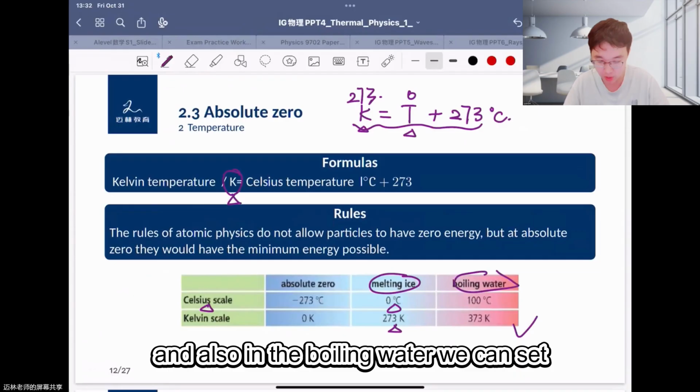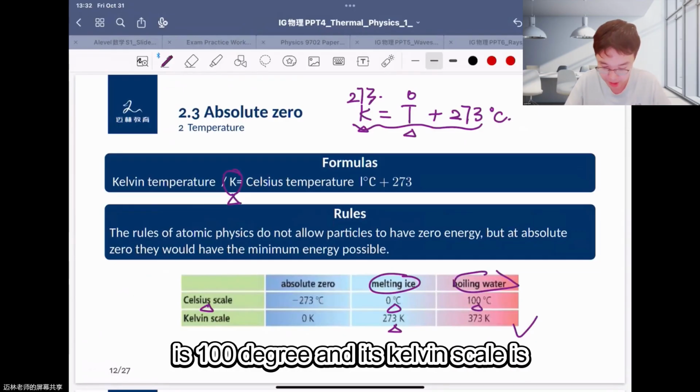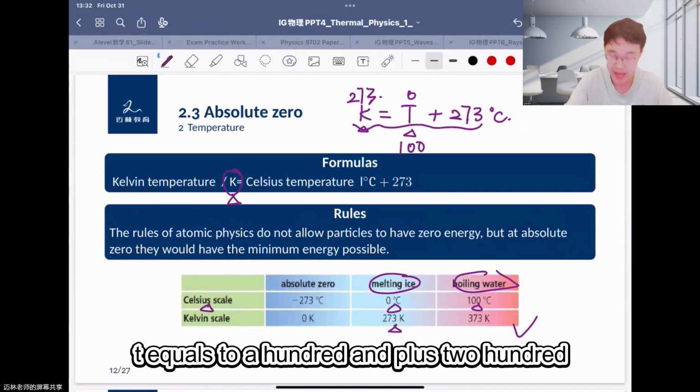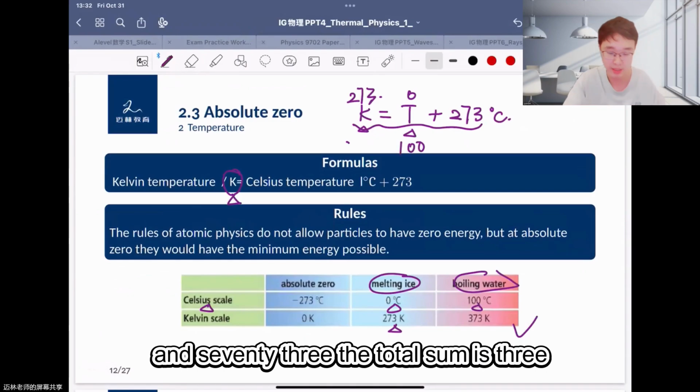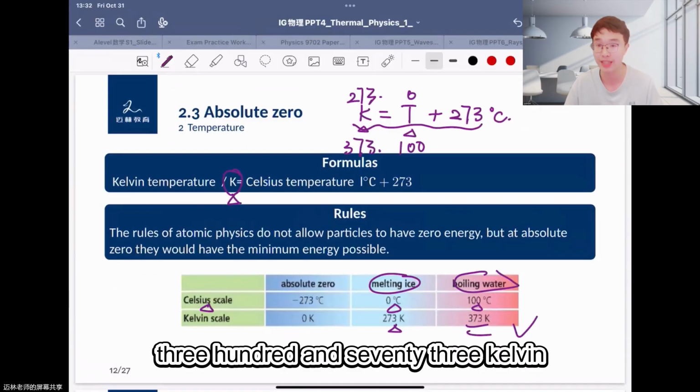And for boiling water, the Celsius scale is 100 degrees and the Kelvin scale is T equals 100 plus 273, the total sum is 373. So it is 373 Kelvin.